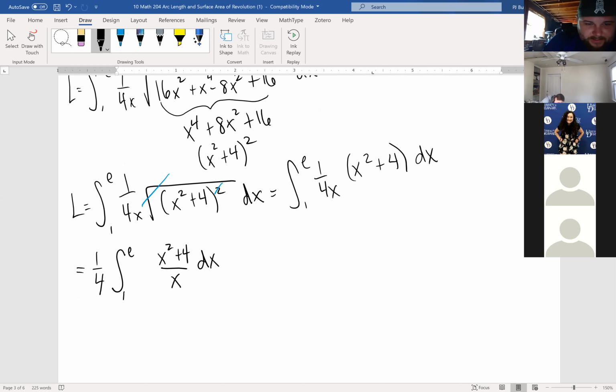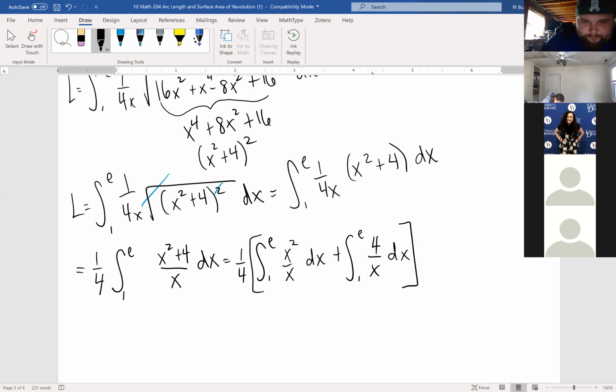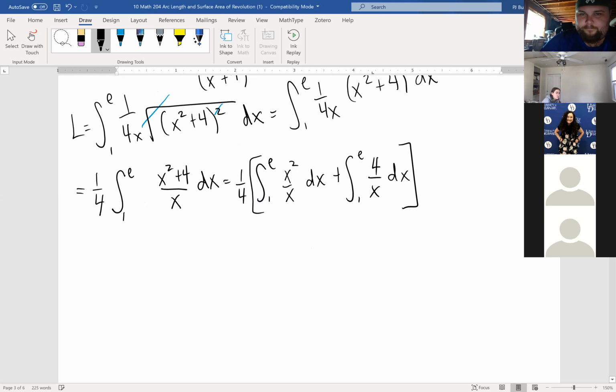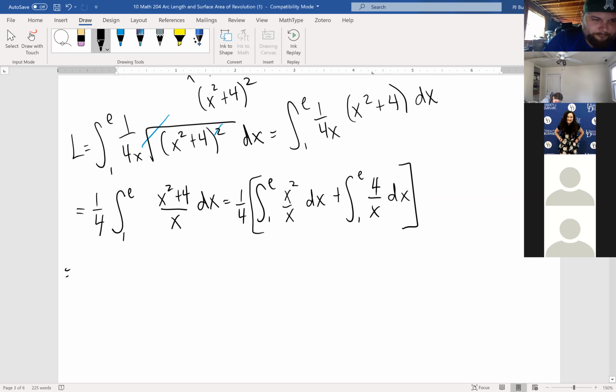And I think the best way to treat that would be to just break it into two separate integrals. So x squared over x just becomes the integral of x dx.